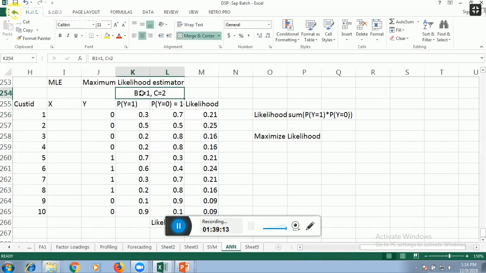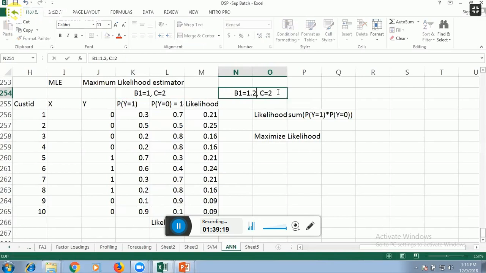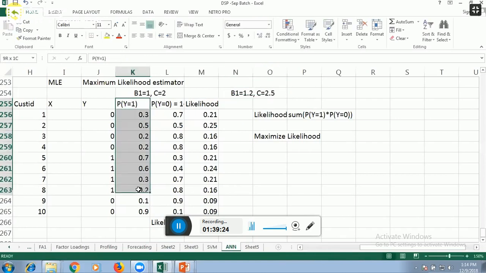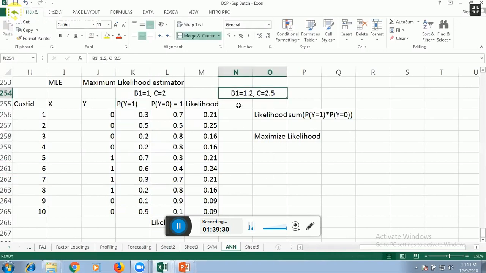Now if I change my betas, instead of 1, if I take 1.2 and 2.5, I will get different probabilities, and with those probabilities I can also calculate the likelihood.